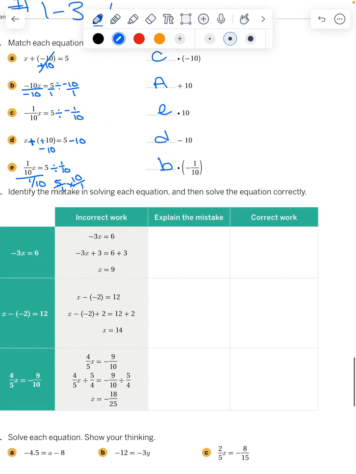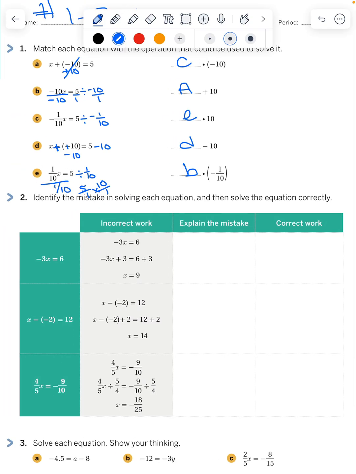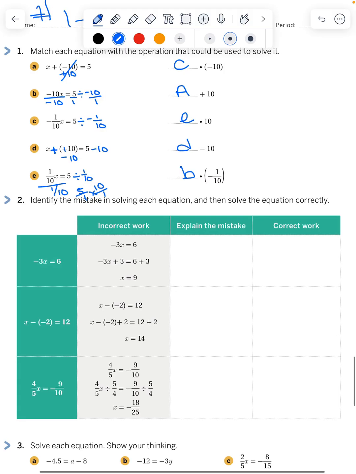Okay, let's look at number 2. Identify the mistake in solving each equation and then solve the equation correctly. Sometimes for me, it's easier to actually solve my way so I don't get confused with what they're doing, and then go and see where our work is different.